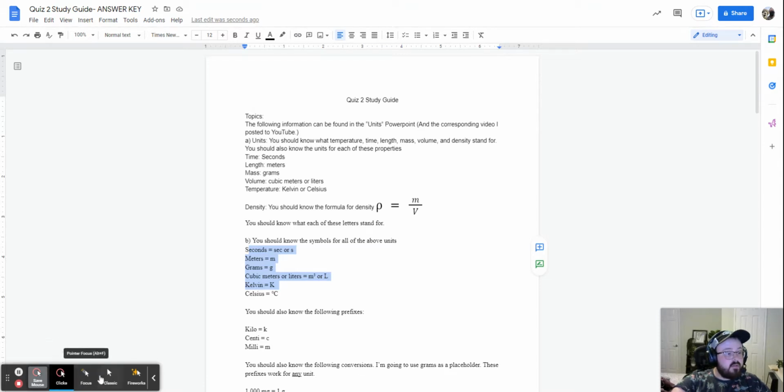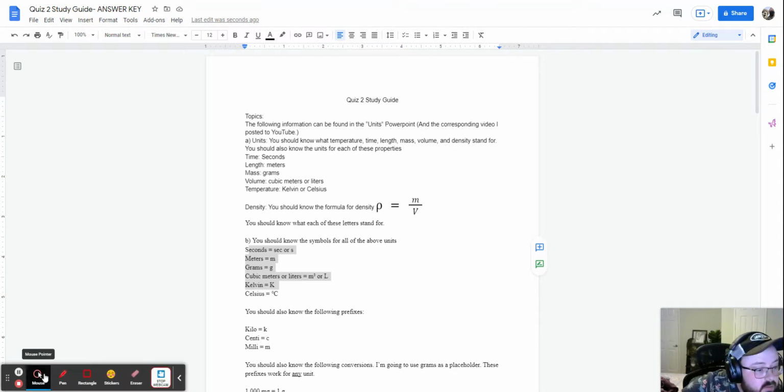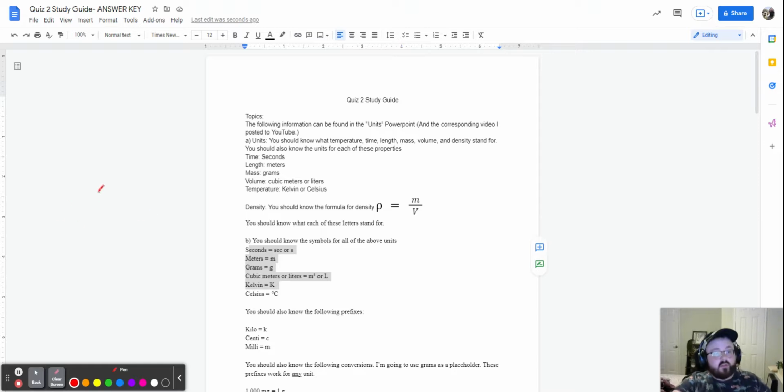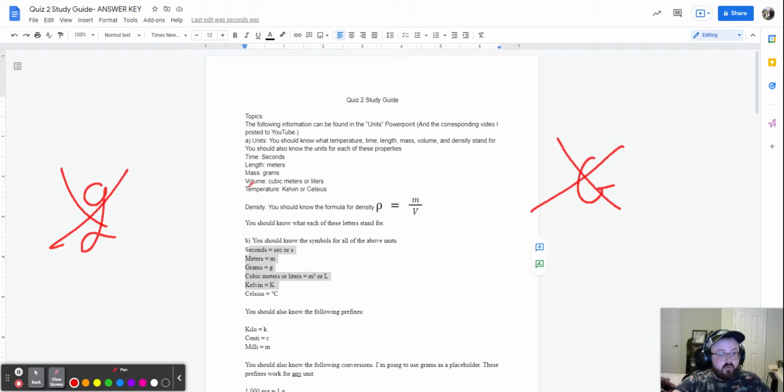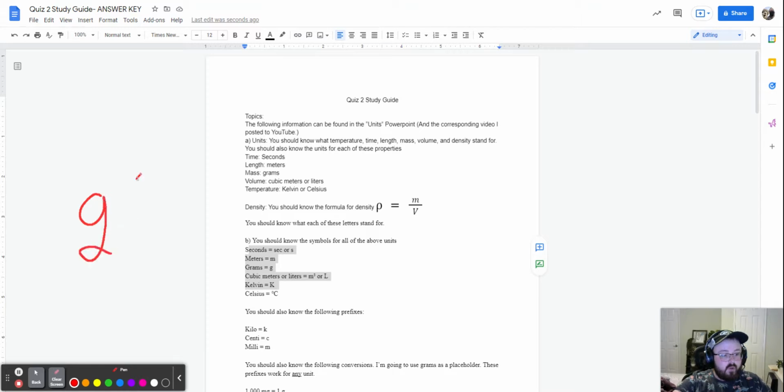The difference between lowercase g and capital G, these are two exact different things. They're not the same. This is a gram, this is not a gram. The capitalization does matter. Lowercase mm is a millimeter.